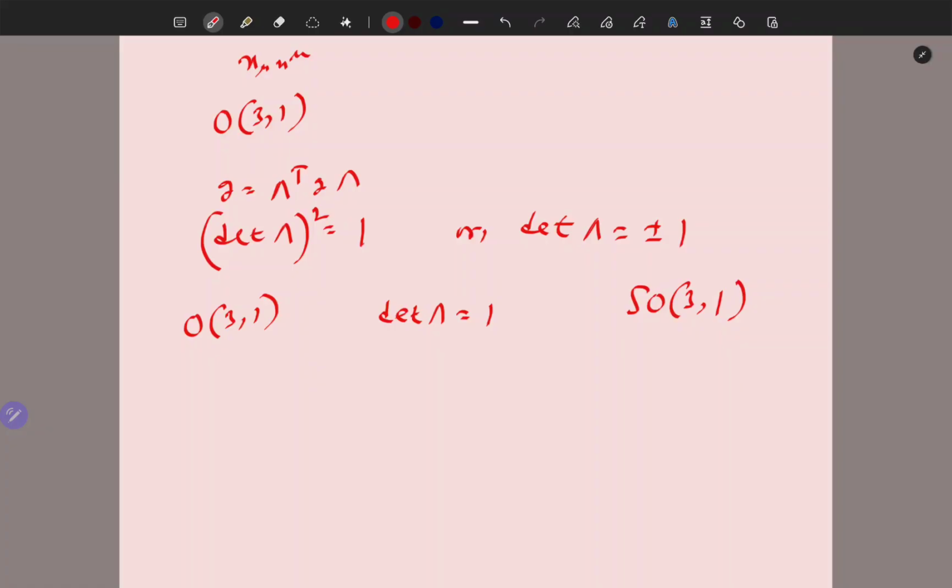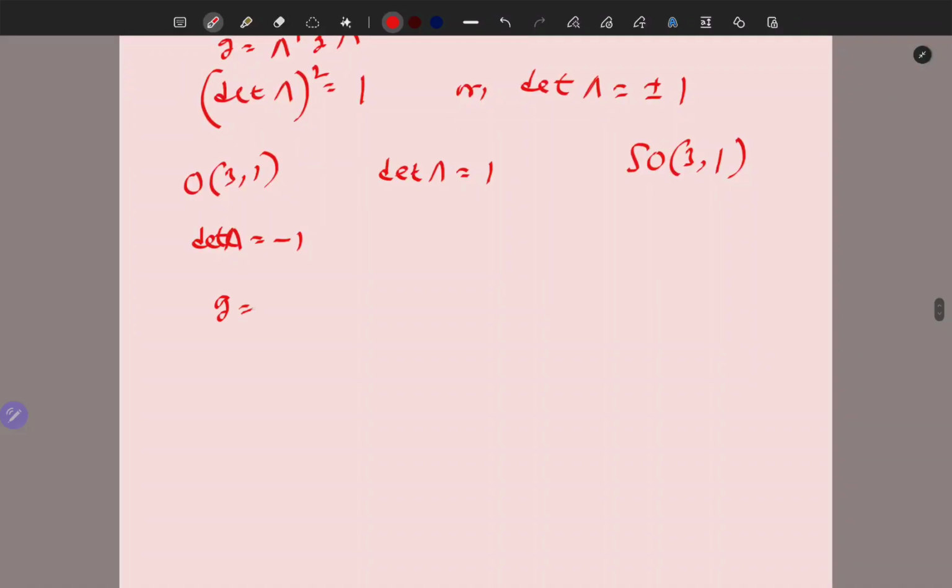Transformations with determinant Λ = minus 1 are called improper Lorentz transformations. This is an improper Lorentz transformation. It can be written as a product of a proper Lorentz transformation with a discrete transformation like parity or time reversal.